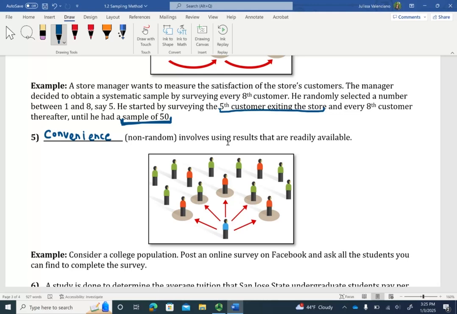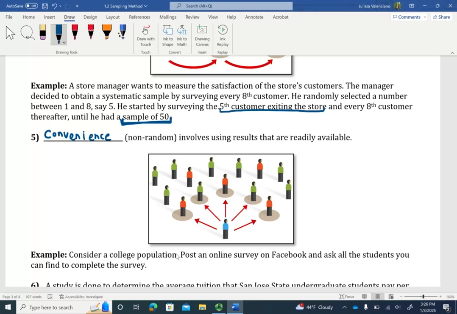An example of this would be to consider the college population, and let's say that you post an online survey on Facebook and ask all the students you can find to complete the survey. Are you likely to find all GRC students? You might just find students that are friends with you or students that use Facebook. This is not going to be a good representation of the population.